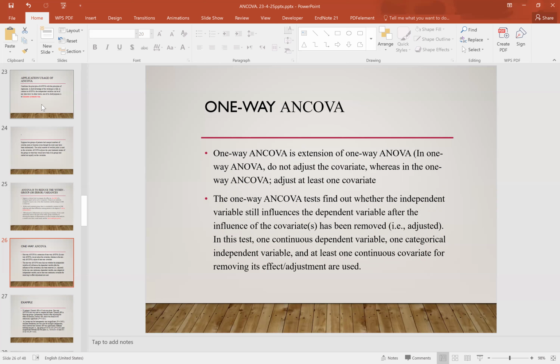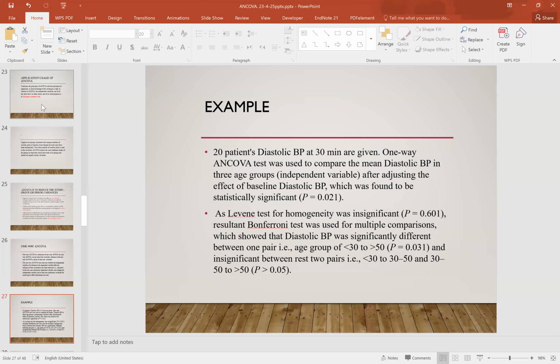For example, 20 patients' diastolic blood pressure at 30 minutes is given. A one-way ANCOVA test was used to compare the mean diastolic blood pressure in three age groups, the independent variable, after adjusting for the effect of baseline diastolic blood pressure, which was found to be statistically significant.